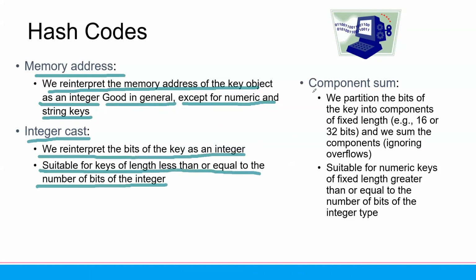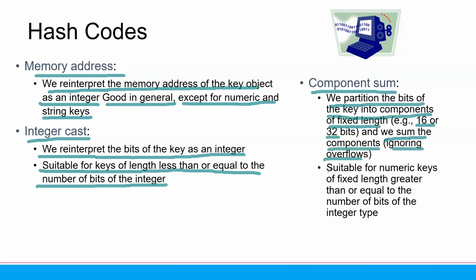Or we can do the component sum. The component sum means we partition the bits of the key into components of fixed length. If your computer is 16-bit or 32-bit, it depends on the computer. And we sum the components, ignoring the overflow.